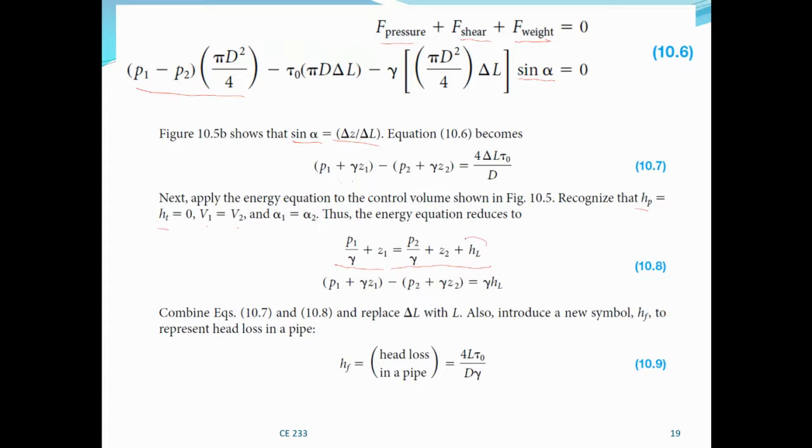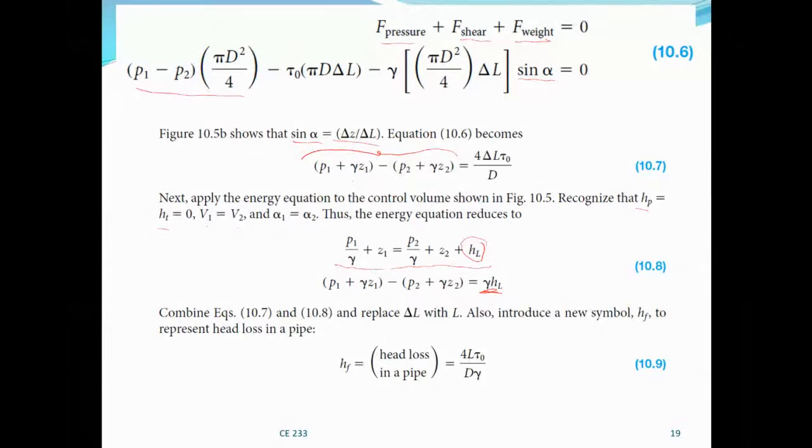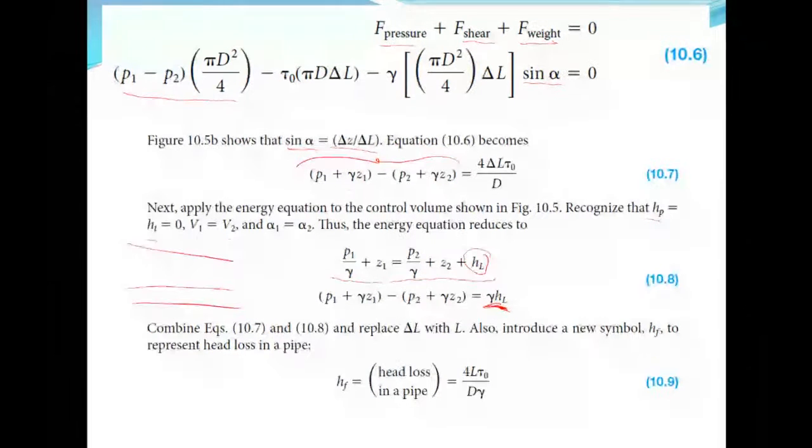So HL will now be the difference. This is from the energy equation. So we just replace this with gamma HL here, and then make HL the subject of the formula, which is the head loss, because of the difference in the piezometric pressure. As water is flowing through a pipe, piezometric pressure is declining.